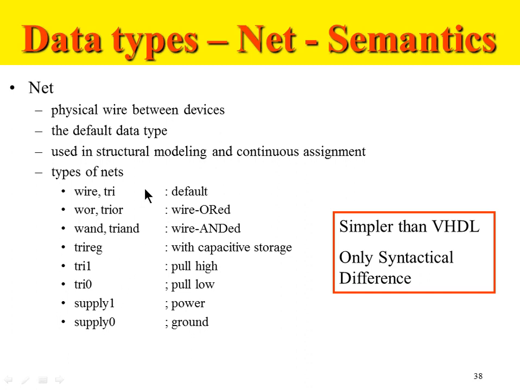So as far as FPGA or ASIC design goes, we only use wire or tri, even mostly wire, and tri only in certain cases. The other stuff we don't use for design purposes because it cannot be synthesized, but it is there as a part of the Verilog language.